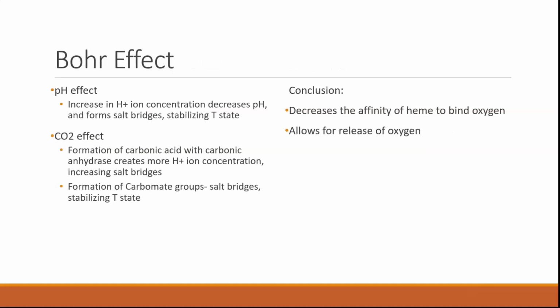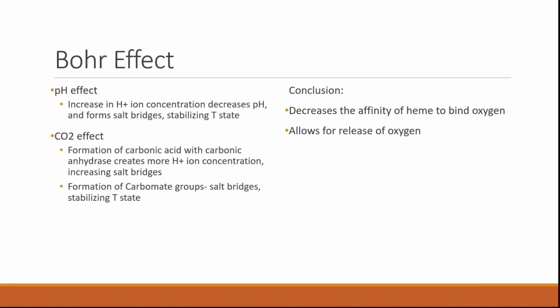Okay, so a couple of things occur during the exchange and transfer of oxygen and carbon dioxide and all the binding that affect the affinity of hemoglobin to either accept carbon dioxide or oxygen. And one of those things is known as the Bohr effect.